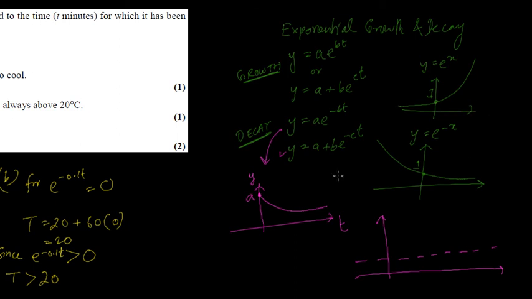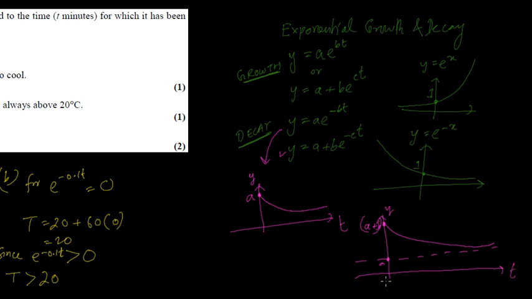If you write plus a, the asymptote that was at 0 would now be at a. Previously, if this was at b, this would now be at b plus a. It will be raised.